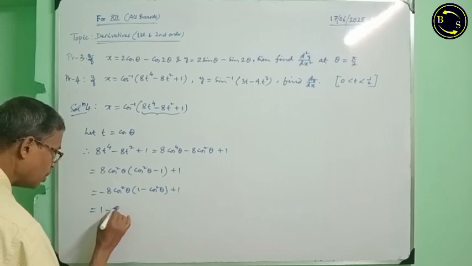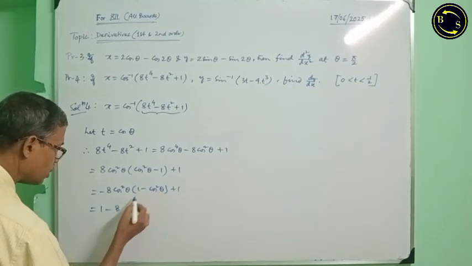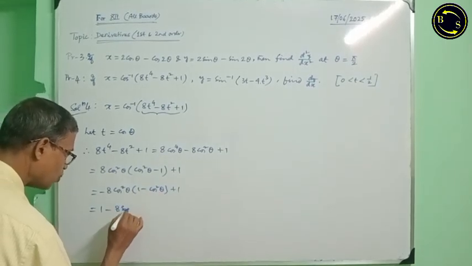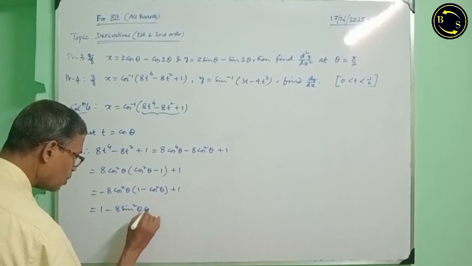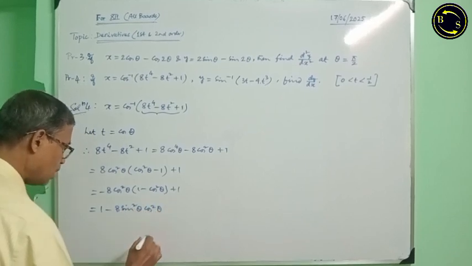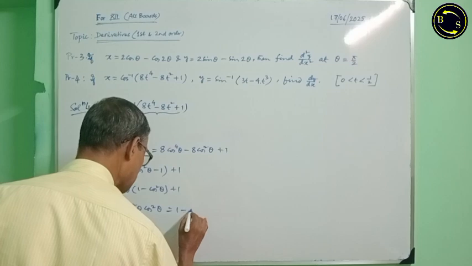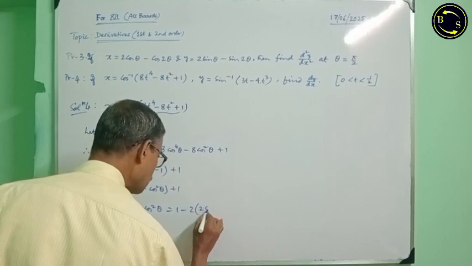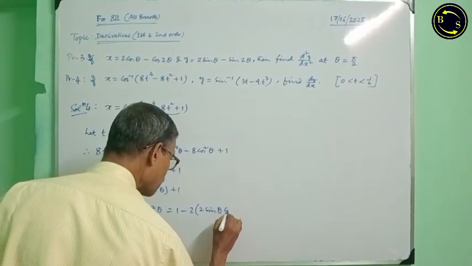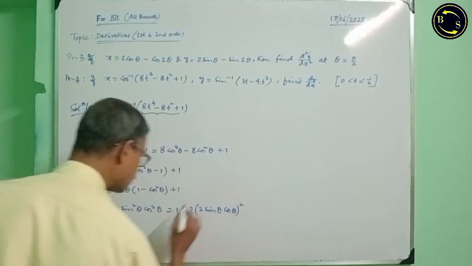1 minus 8, this is sin square theta, cos square theta. That can be written as 1 minus 2 into 2 sin theta cos theta whole square.